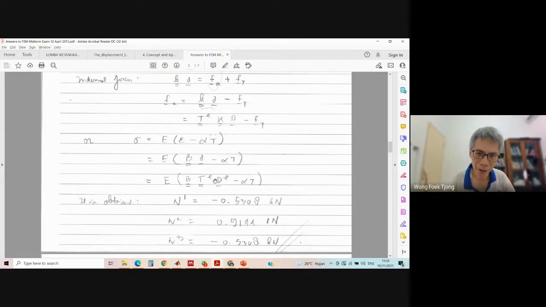Okay, so we should get the small d from the big D. Actually we can also compute. Yes, this is from this one, right? Transformation of the KD.